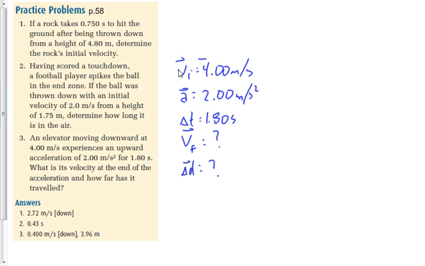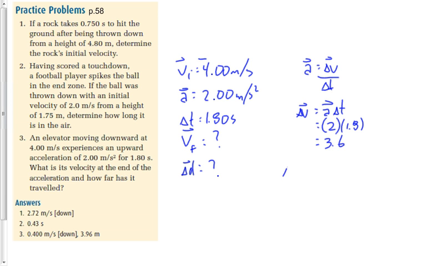For VF, I think I'm going to just say A is equal to delta V over delta T. I'm going to rearrange it to solve for delta V. Take the T up by multiplying. And let's solve for delta V there. Delta V is 2 times 1.8, which is 3.6.